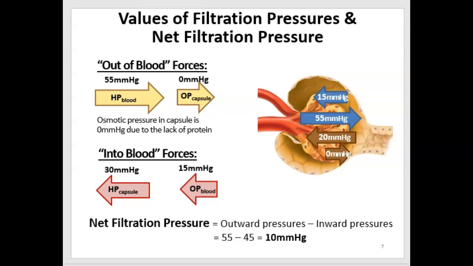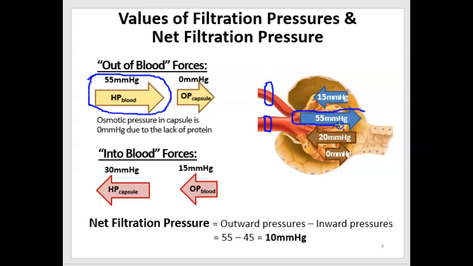So looking at some values for the forces that contribute to fluid moving out of the blood, recall that the hydrostatic blood pressure in these glomerular capillaries is 55 millimeters of mercury. And that's due to the difference in diameter between the afferent arteriole and the efferent arteriole.